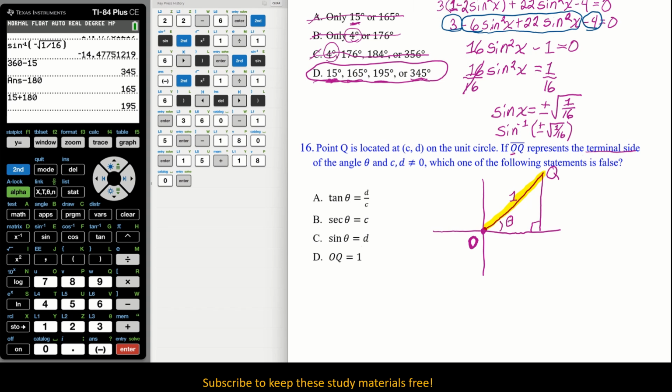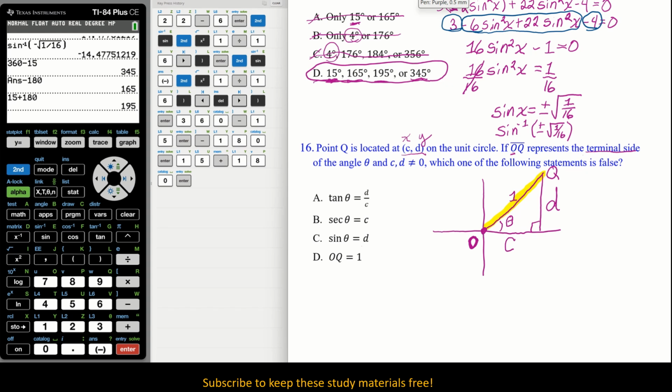Okay, now that being said, that means that the angle theta and CD. Now look at CD. C is in the X position and D is in the Y position. So this would be C and this would be D. Okay? All right, now let's look at it differently.